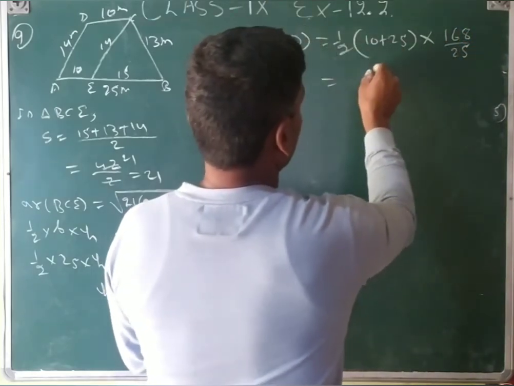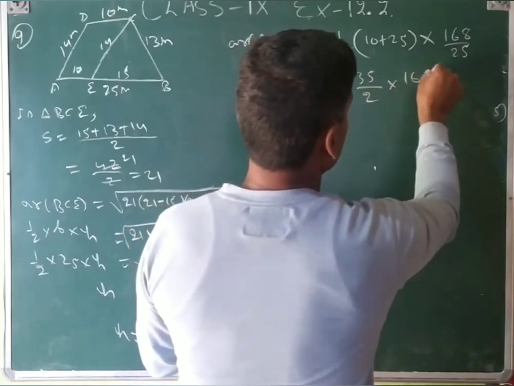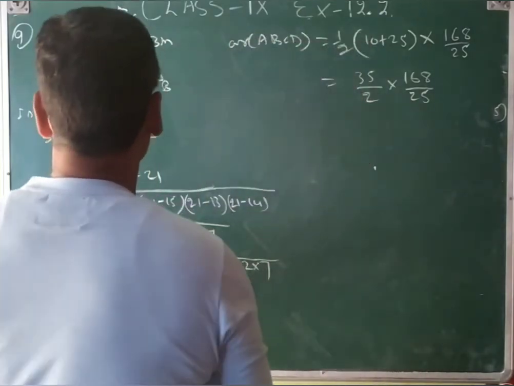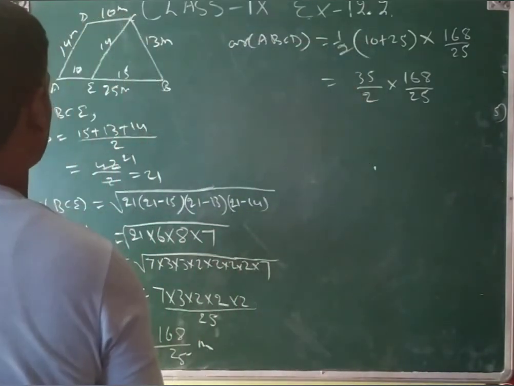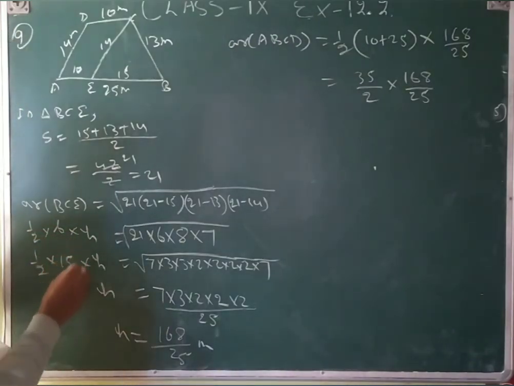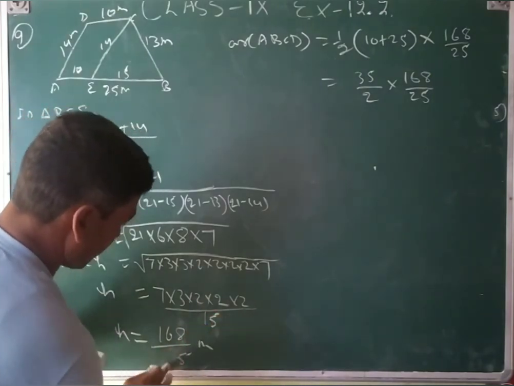So 35 upon 2 into 168 upon 25, oh sorry, that is 15. Just wait, this is 15, this is 15, this is 15.